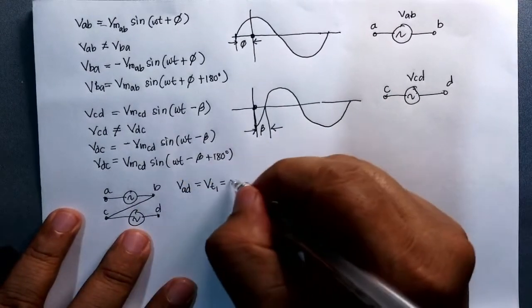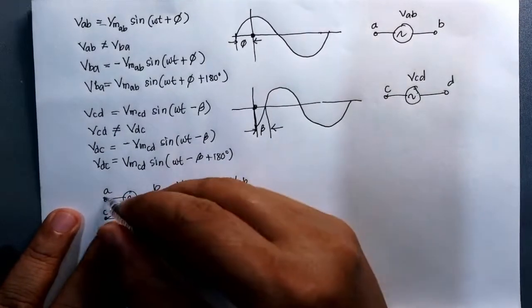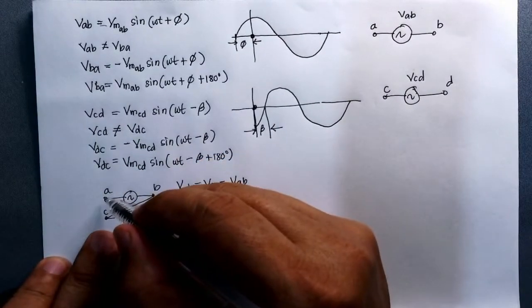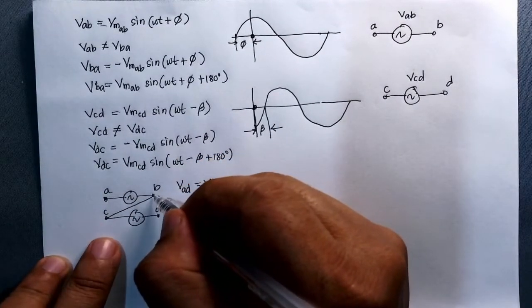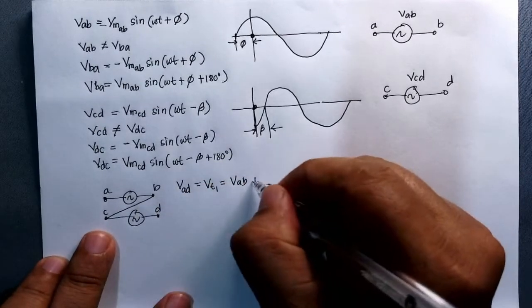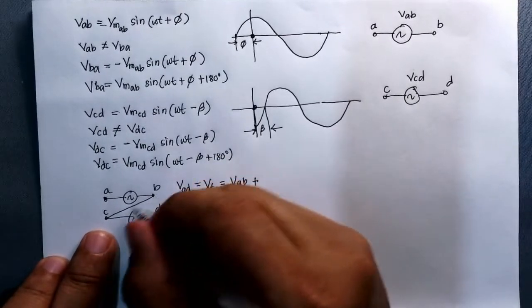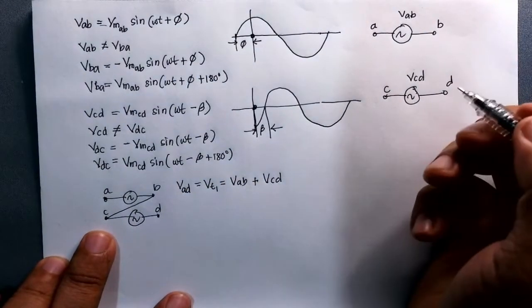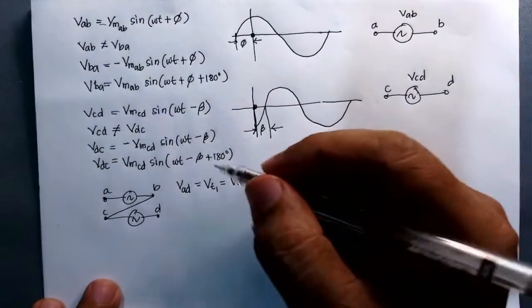So therefore we have to add V sub AB, starting from A, and then we go to B, and then we go from C to D. Okay, so this is V sub AD.